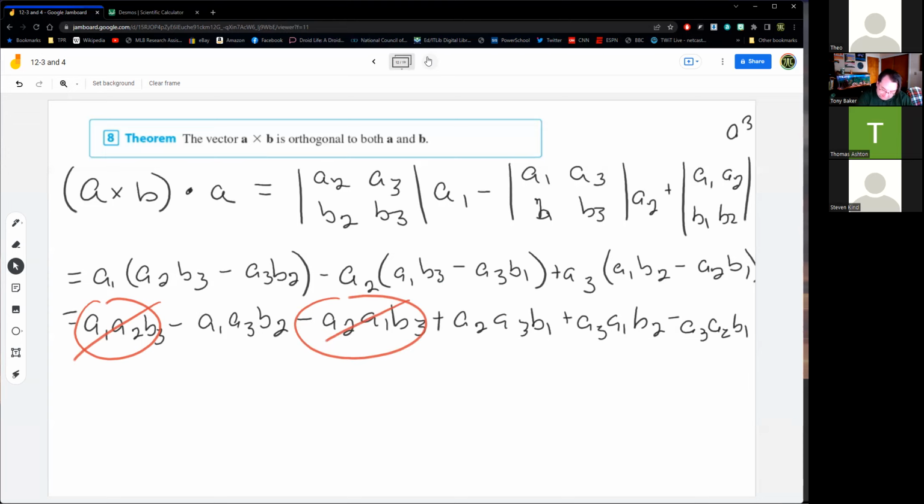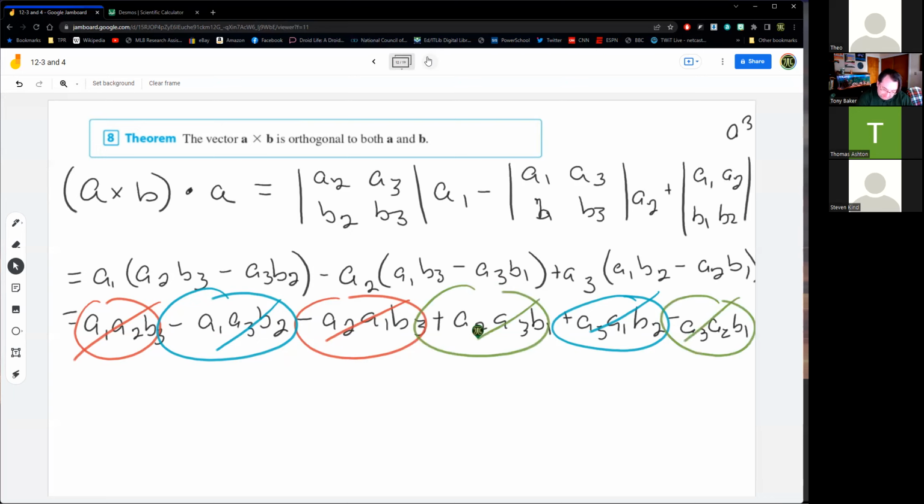Then I've got that one, 1, 3, and that one cancels out. And that one cancels out. So it equals 0. So that just proves using the cross product and the dot product that they would be perpendicular to each other.